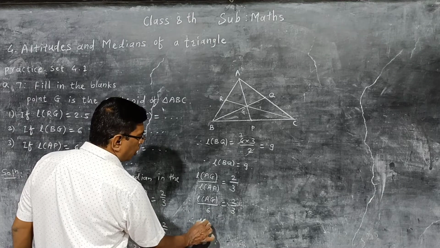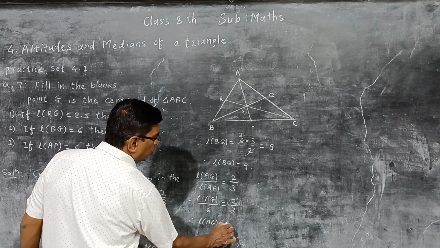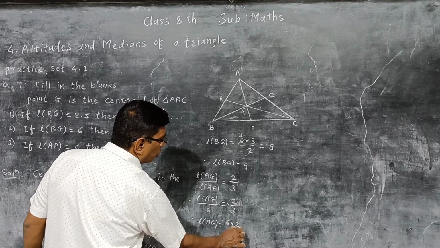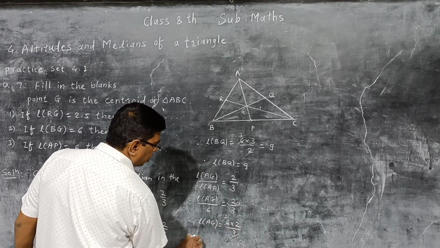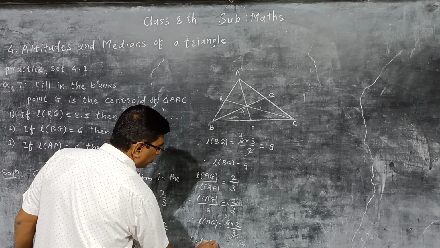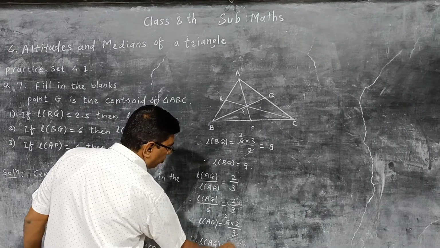Therefore length AG is equal to 6 into 2 upon 3. 3 2s are 6. Therefore, length AG is equal to 2 2s are 4.